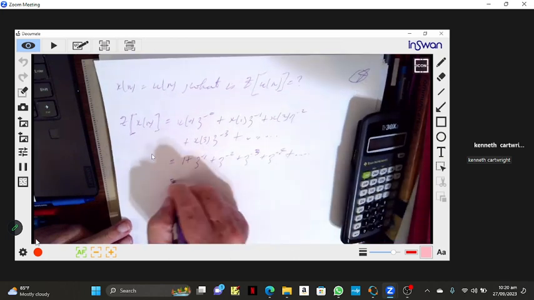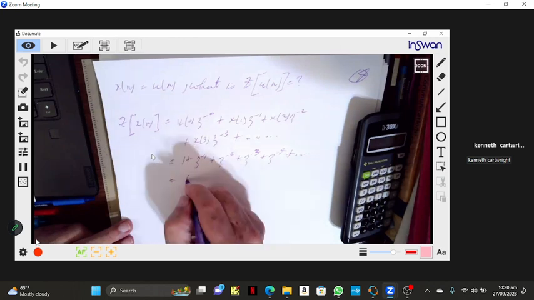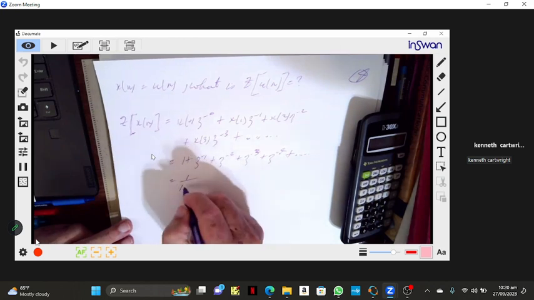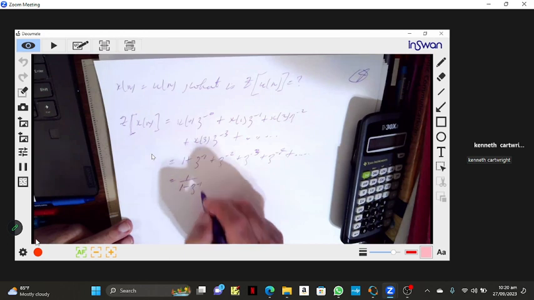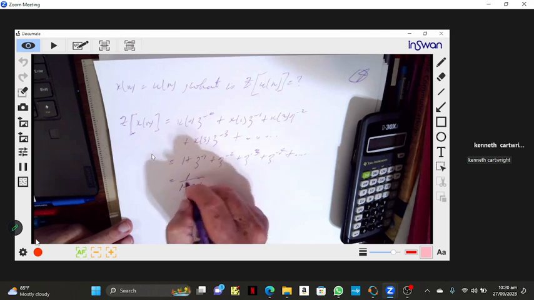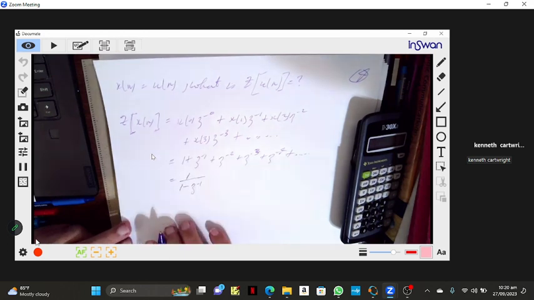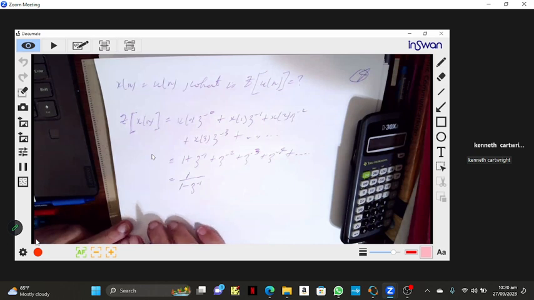And if you know your math, you know this series converges to 1 divided by 1 minus z to the negative 1. You learned that in calculus when you do sequences.